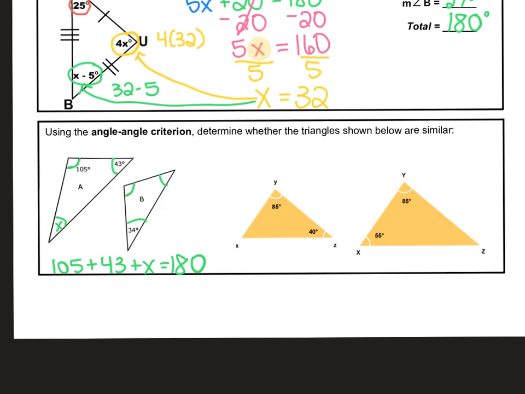Okay, so I'm going to go ahead and add these together, and I get 148 plus X equals 180. So I'd subtract 148 from both sides, and I would get X equals 32. Is 32 the same as 34? No, which means that these are not similar triangles.